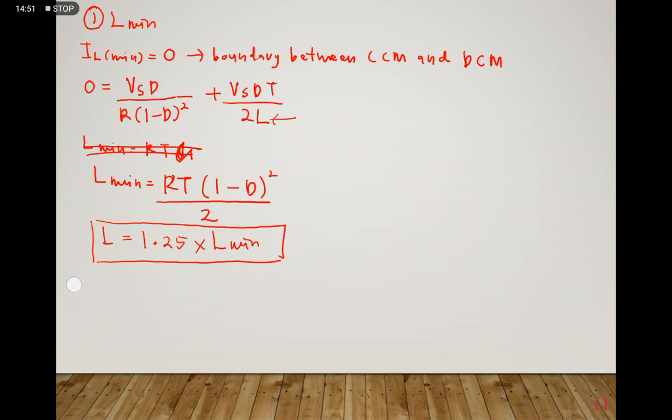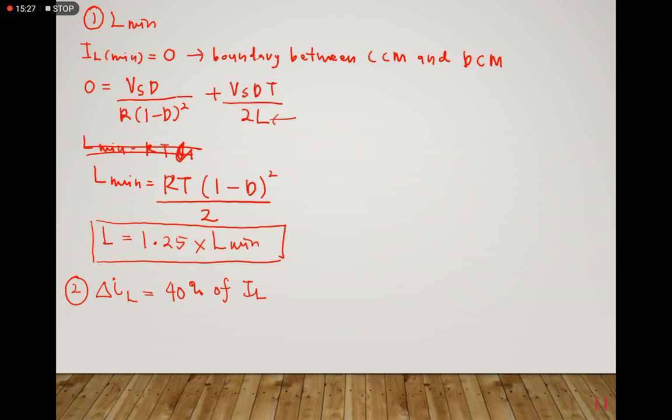The second approach is to use the delta IL equation, because this equation has L in it, and we need to find L. We set delta IL to 40%. This is the common consideration used by designers to find the value of L, where delta IL is 40% of the average inductor current.